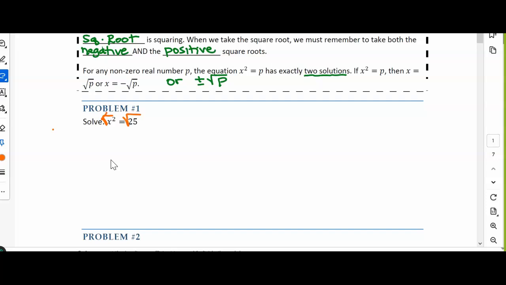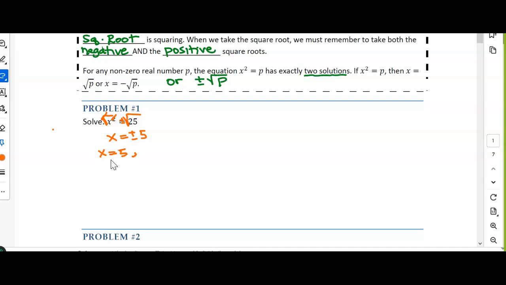The square root and the square undo each other, just leaving x. And then the square root of 25, I've got to be really careful here because I've got to remember to put that plus or minus whenever I'm taking the square root. Like what I set up here, we've got to have two different answers, which are going to be 5 and negative 5.